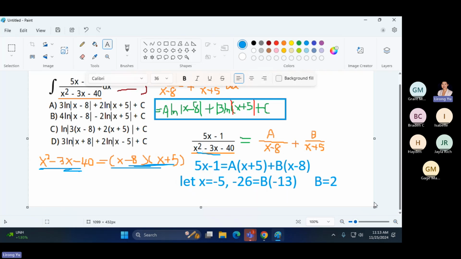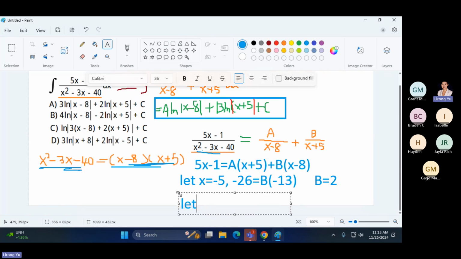Right, and then similarly from that same equation, we're going to scratch x equal to -5 and switch to a different x value. We make x equal to 8. Right, if x equals 8, the right side is 40 minus 1, that's 39, so it's 39 equal to a times 13.